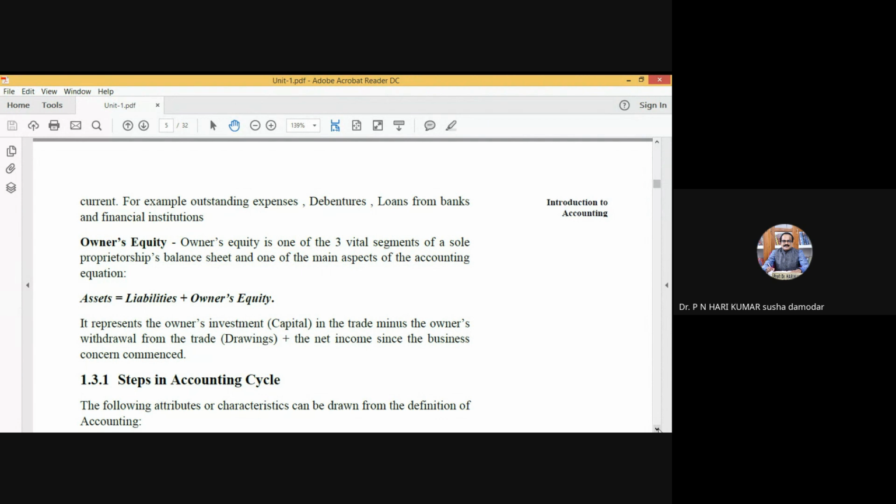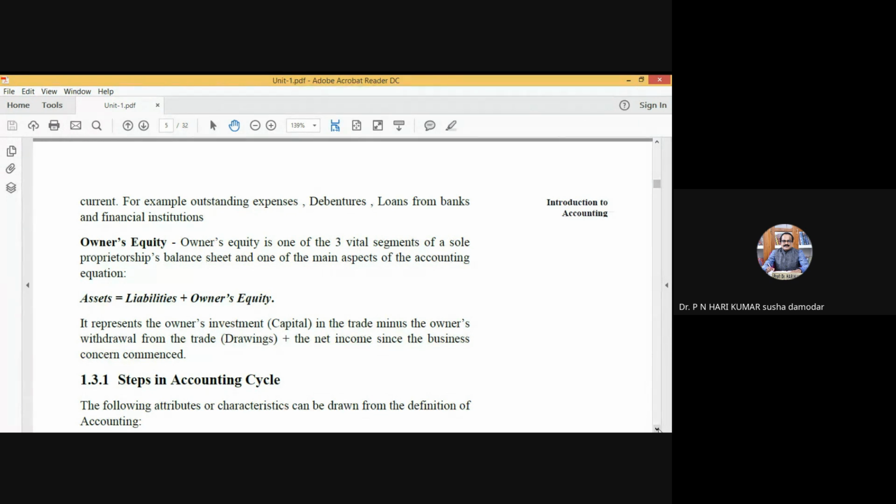Plus owner's equity. This is a very, very important accounting equation. Suppose you are asked, what is the accounting equation? Simply you can say asset is equal to liability plus owner's equity. It represents the owner's investment. I have to invest some money into a particular project. So that investment is called capital.